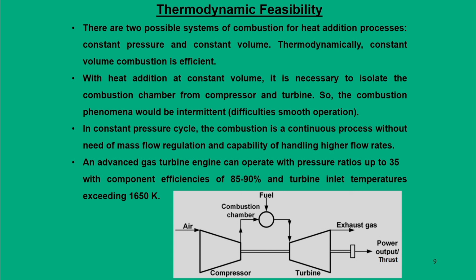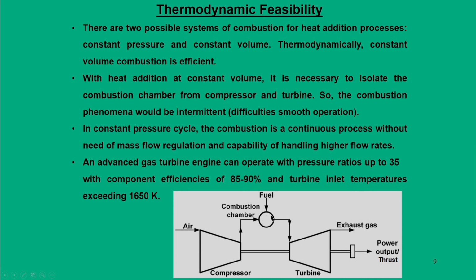First, when you go for constant volume combustion, the combustion of the fuel has to take place at constant volume. That means heat has to be generated in a separate entity and then transferred back to the air.